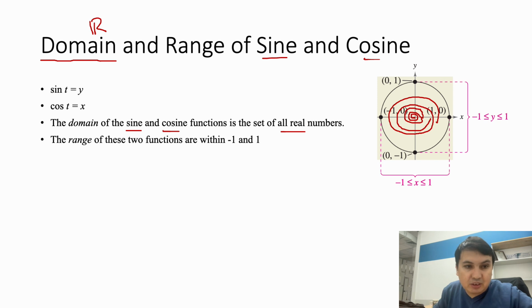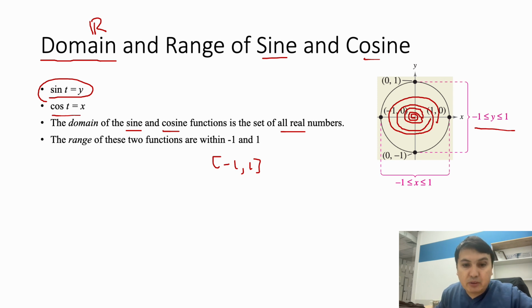Again, remembering that sine of t is y, and because our values are along the circle, my y values vary from -1 to 1. Similarly, cosine of t is x, and my x values vary from -1 to 1. So for both sine and cosine, the range of these two functions is from -1 to 1. If you wish, it's the closed interval, -1 to 1.